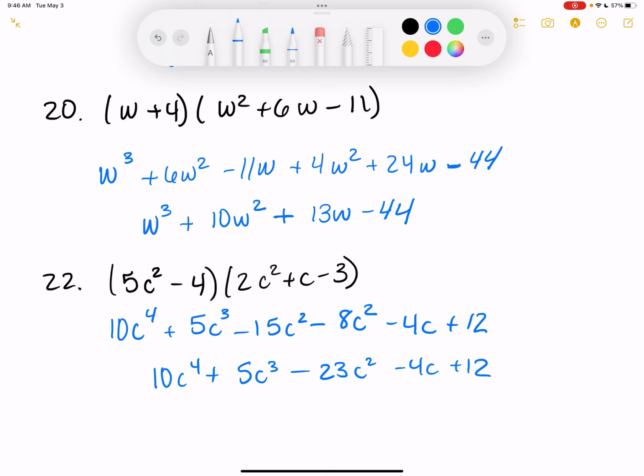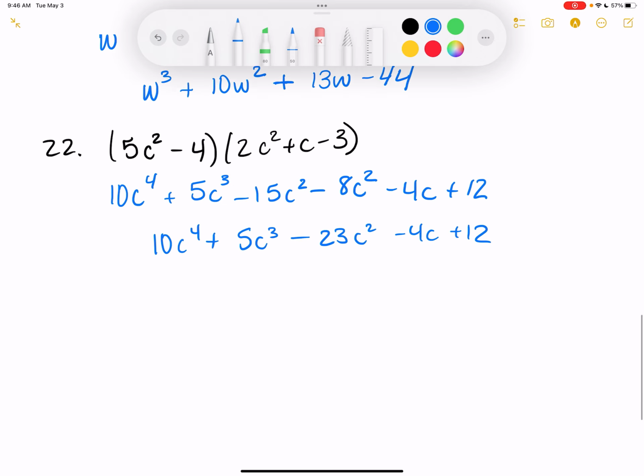Well, the only one that needed to be combined was the middle ones, and they were already in order, so I just wrote them. I was waiting to see how long it was going to take y'all to realize I'd already written it. All right, now we're going to super foil. Was it 3 and 3?